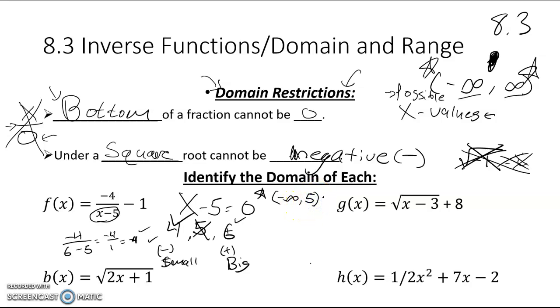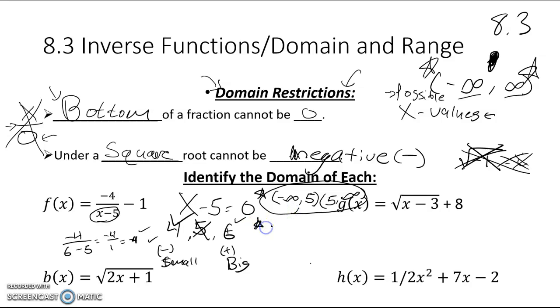So I put a parenthesis around it, and then I copy the 5 down, and then put another parenthesis, infinity. This represents all my numbers going up to infinity. So negative infinity to 5, skip 5, that's what this parenthesis at 5 means, and then I go up to infinity, all right? So that's one way I could write my domain.